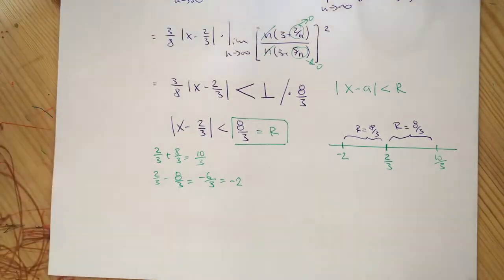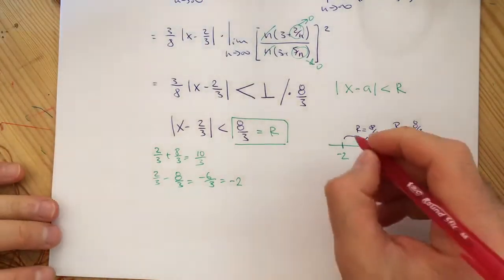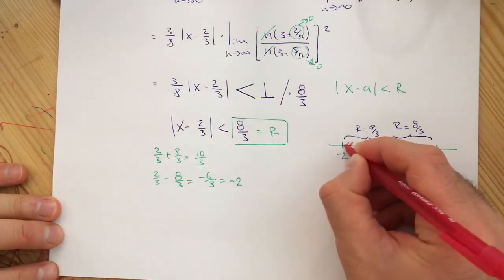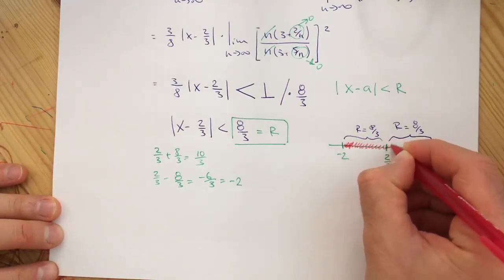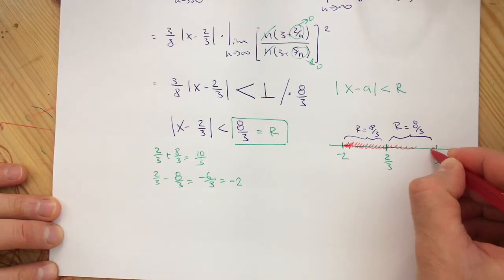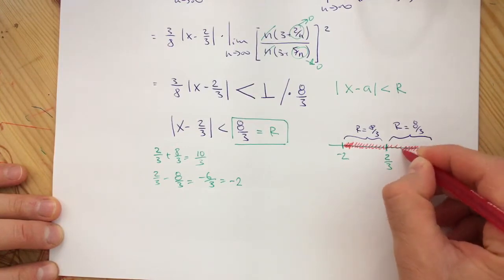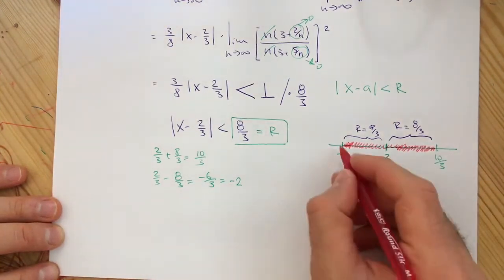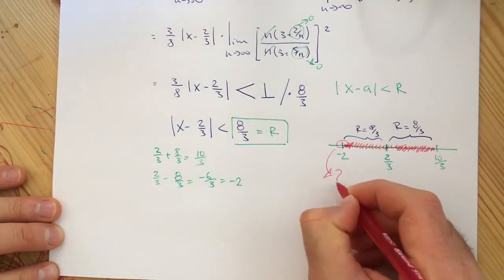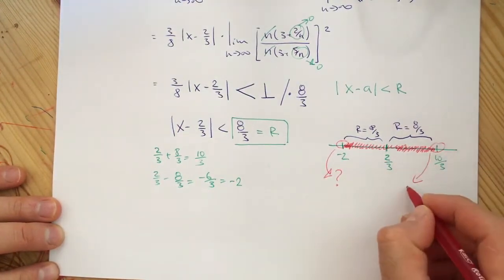So what do we have so far? We know that for all the values between negative 2 and 10 over 3, the power series is convergent. The question is, what happens at negative 2 and what happens at 10 over 3?